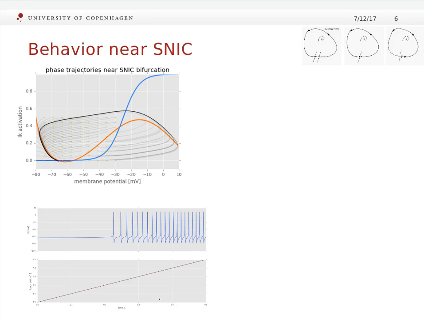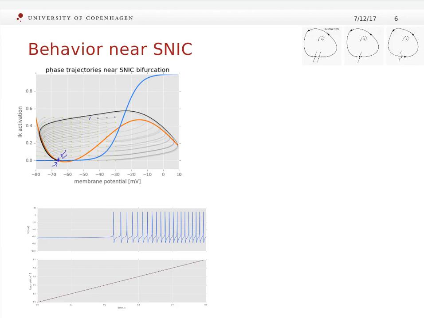So here I depicted behavior near the saddle node on invariant circle bifurcation. This is just before the bifurcation, and this graph here shows that if we start at different parts of the phase plane, it doesn't matter where we start from, we will converge to the stable node. So this would be our stable node.